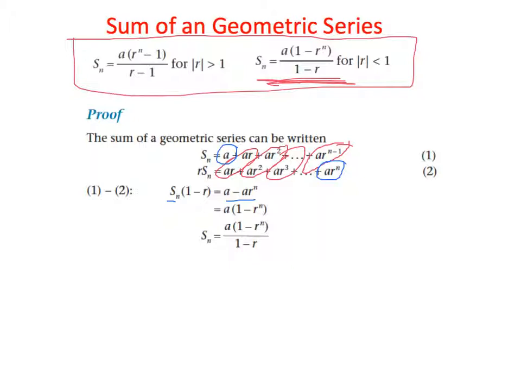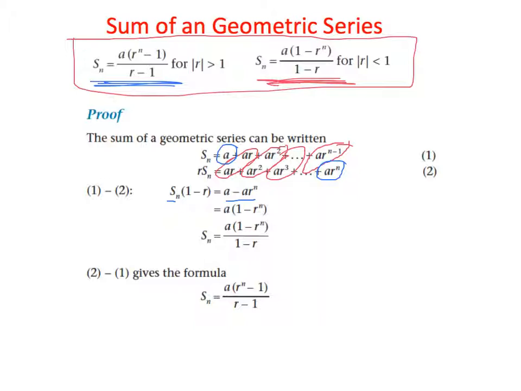So where do we get the formula on the left-hand side? Instead of subtracting equation 2 from equation 1, we subtract the other way around, equation 2 minus equation 1, and then you get this equation here.